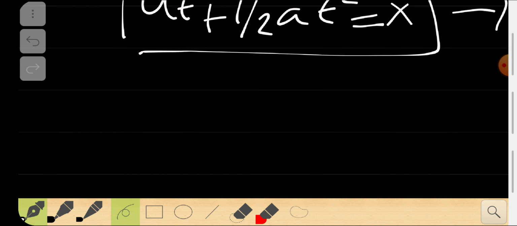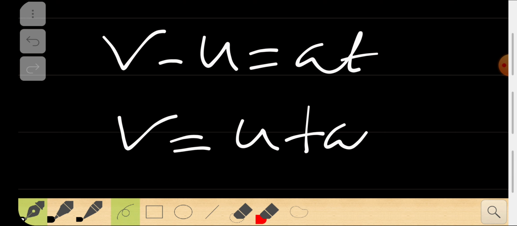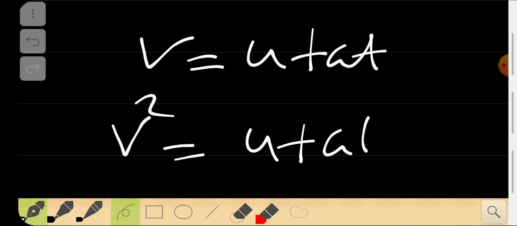Now if I get back to the first equation, you'll find that v minus u is equal to at. So v is equal to u plus at, and if I square that, you get v square equal to u plus at, the whole square.